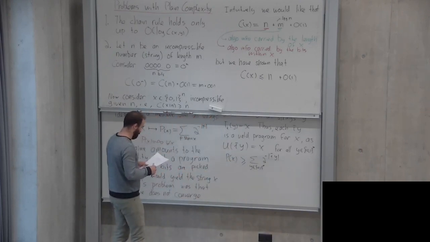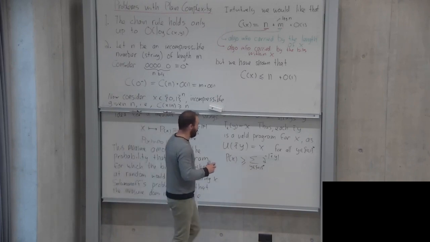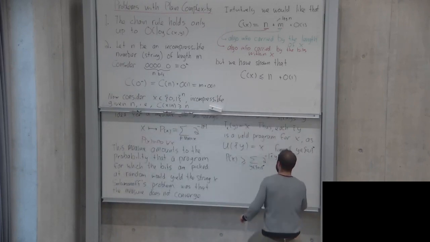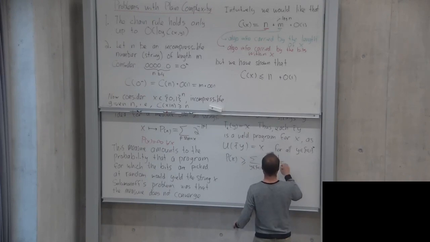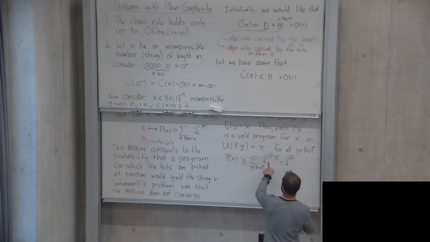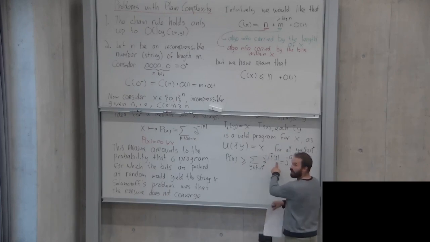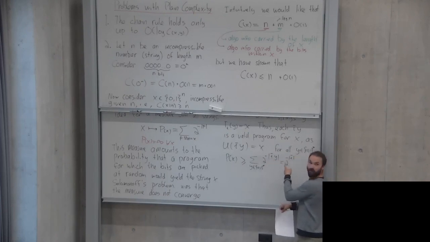And now let's manipulate this. I'm first going to factor out the 2 to the minus length of i-bar, because the length of i-bar y is the length of i-bar plus the length of y.